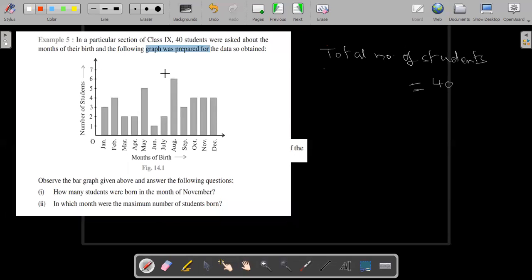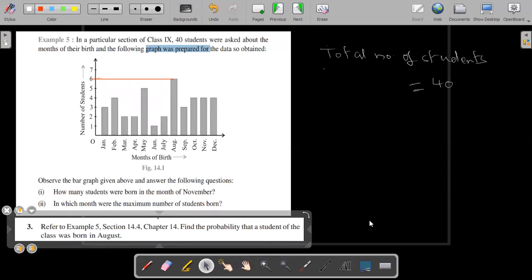You can see this height is about 6. So how many students were born in the month of August? Yes, 6.